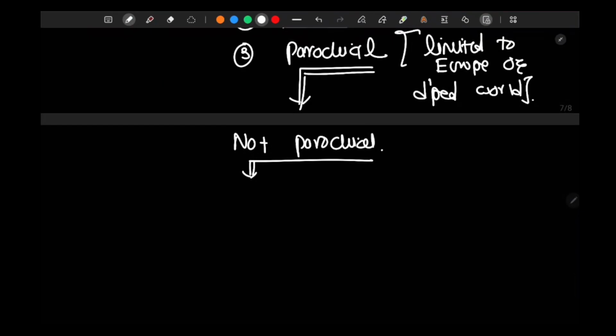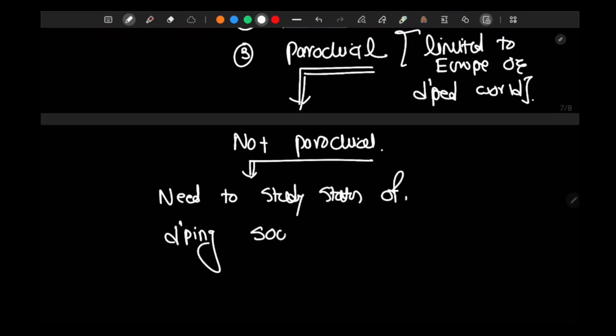You basically want to say that I am not going to limit myself to developed societies; I need to study states of developing societies.